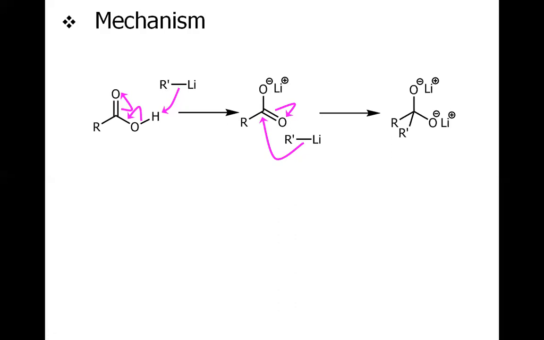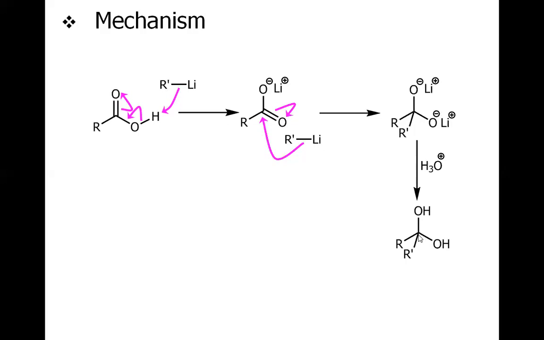But the carboxylate salt, formed by removing the H from the carboxylic acid, has the most decreased reactivity, even worse than the amide. But this reaction occurred because of the high nucleophilic strength of this organometallic species. So anyway, when we have this dianion formed, upon the workup, both oxyanions will protonate to have this gem diol, and this is also called a hydrate.